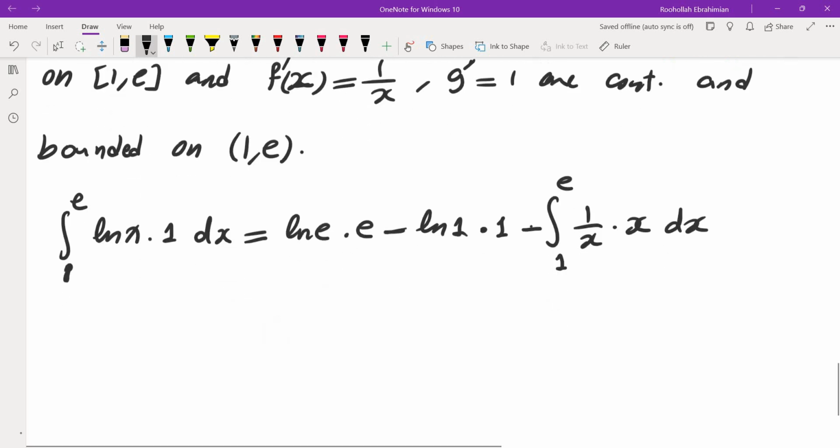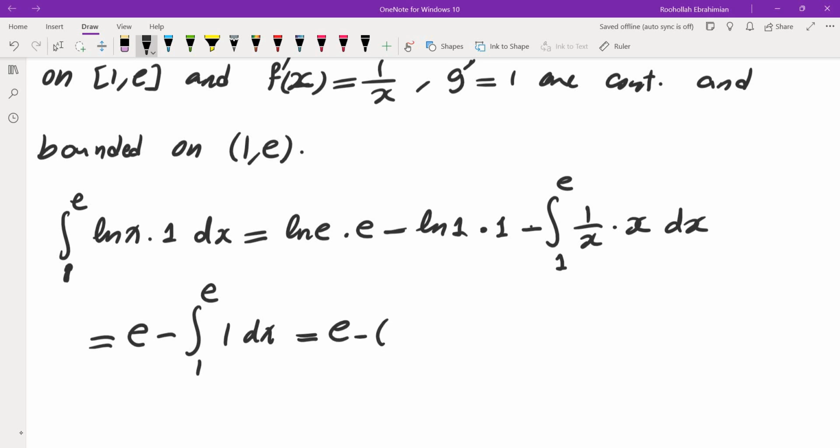This is the integration by parts. So natural log of e is 1, so that's e. Natural log of 1 is 0, so that's e minus the integral from 1 to e of 1 dx. And we can evaluate this one. This is something we have done before: e minus (e minus 1), which is going to be 1.